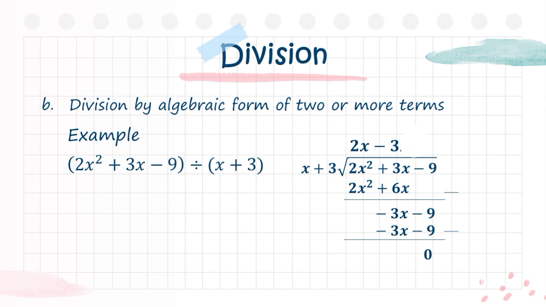If we get the result 0, then the way we are done is finished. So open bracket 2x to the power of 2 plus 3x minus 9 close bracket divided by open bracket x plus 3 close bracket, the result is 2x minus 3.